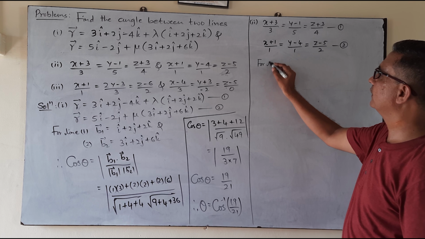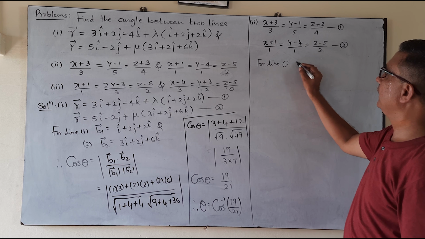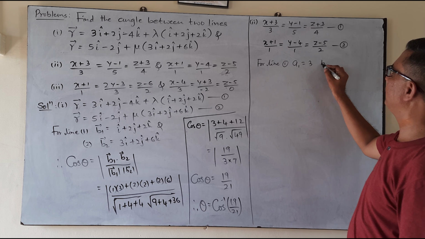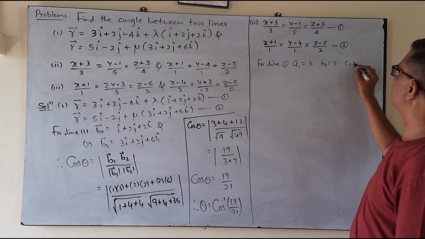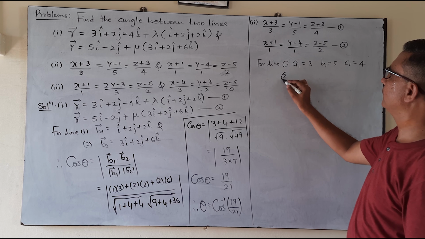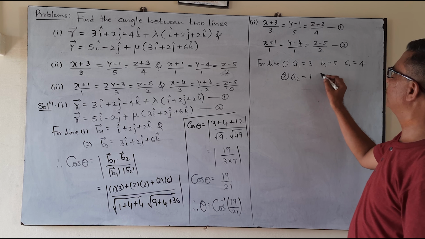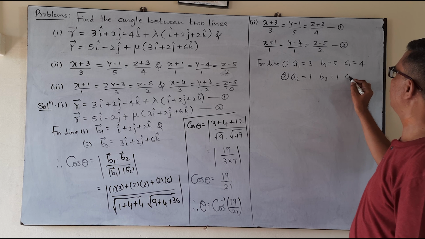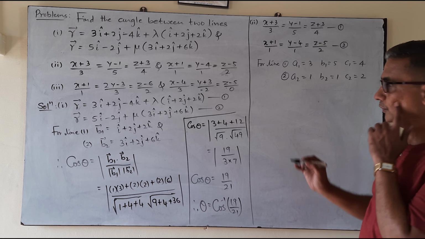So for line 1, a1 value is 3, b1 value is 5, c1 value is 4. Similarly for line 2, a2 value is 1, b2 value is 1, c2 value is 2.